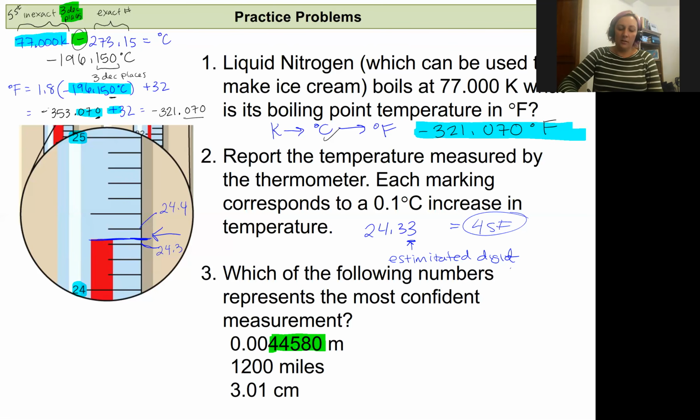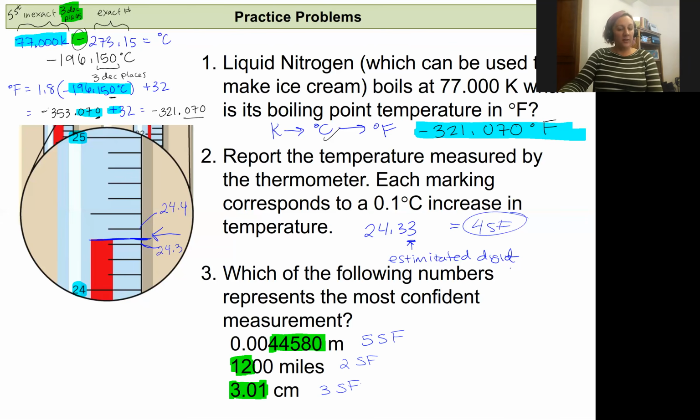So this is 1, 2, 3, 4, 5 significant figures. All right, moving on to the second number, I have trailing zeros and no decimal place. So those trailing zeros are a placeholder. So I really only have 2 significant figures in this mile measurement. All right, last one. I have a 3 that's non-zero and a 1 and a 0 in between. That makes the 0 significant. So I have 3 significant figures.